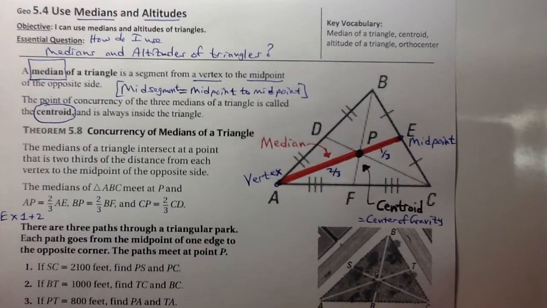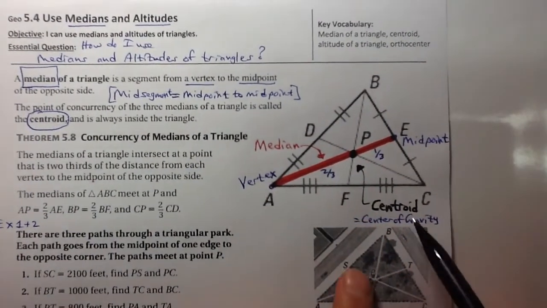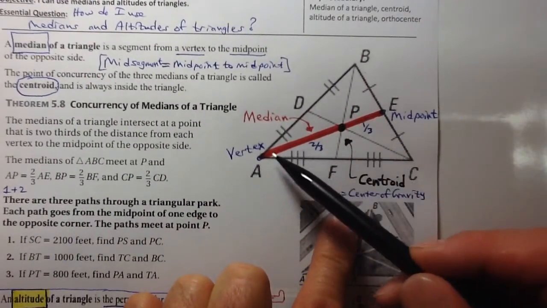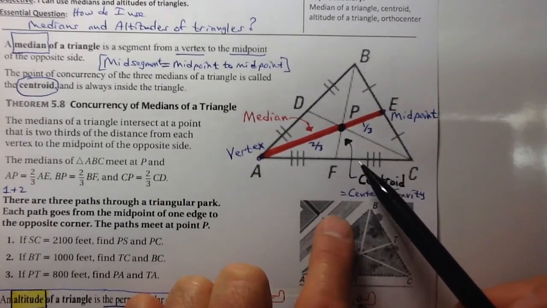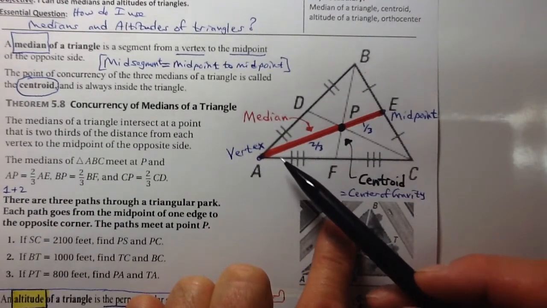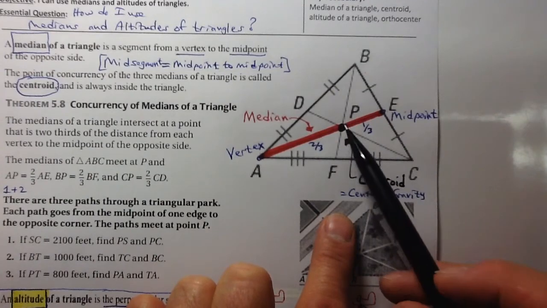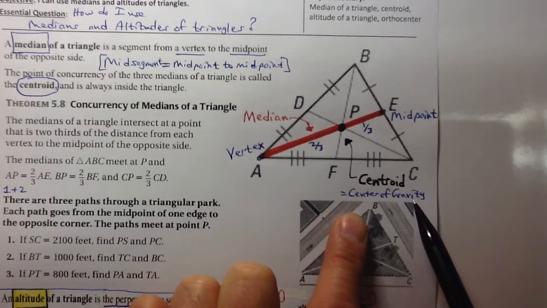And what's also cool, and it doesn't say it in here, does it? No. So let's make sure to put it in your notes that if this triangle is created out of a constant thickness and constant density material, then this centroid will be the center of gravity, which is pretty cool.